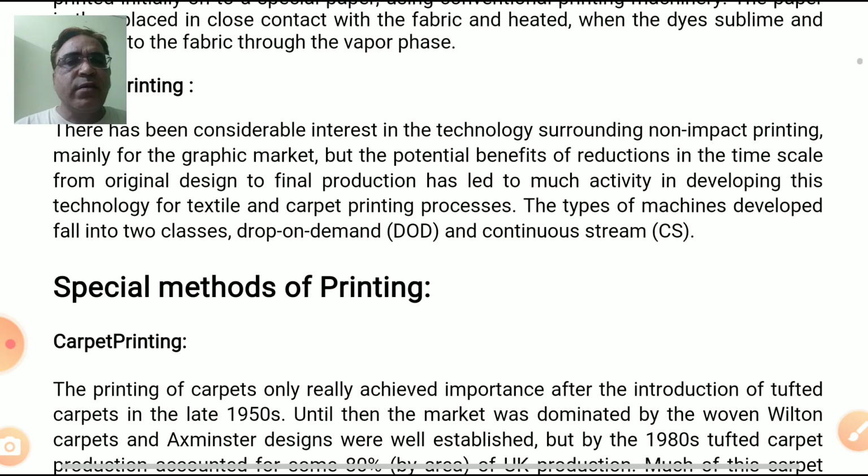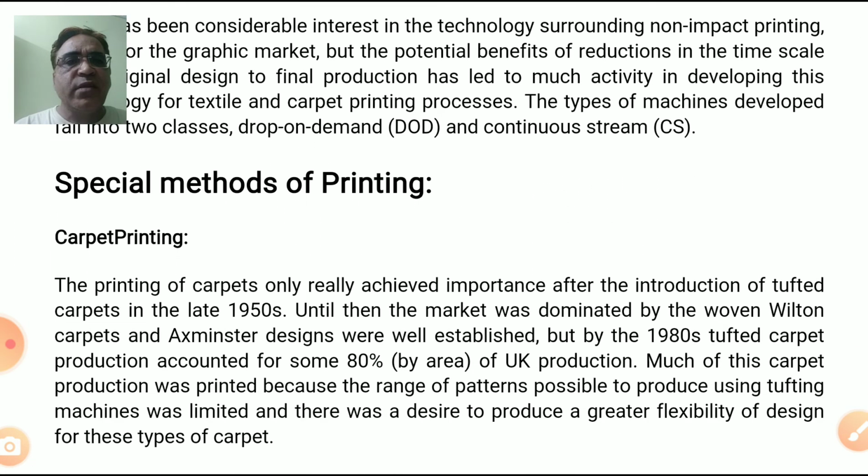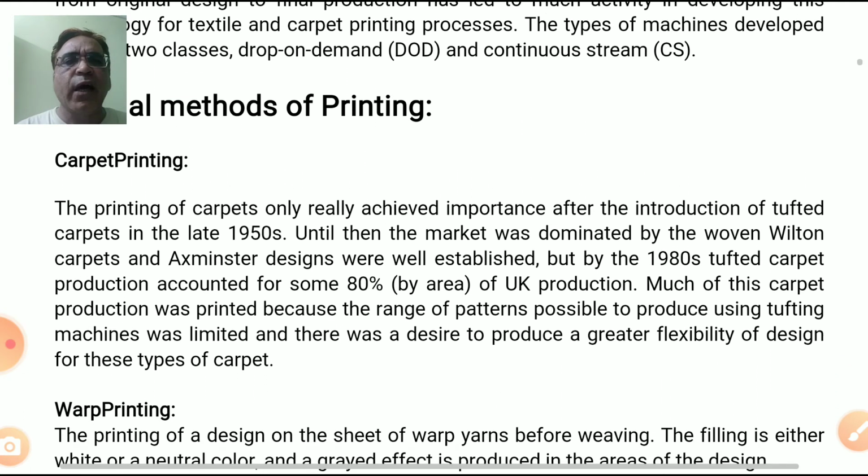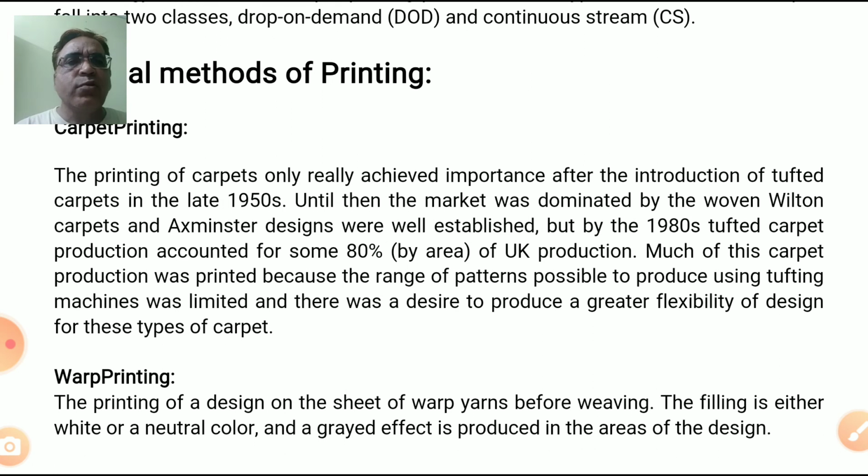Alongside these direct printing styles, there are also some special methods of printing which we use specially for particular applications, like carpet printing. In carpet printing we are using the same methods, of course, like screen and machine printing, like rotary screen printing.